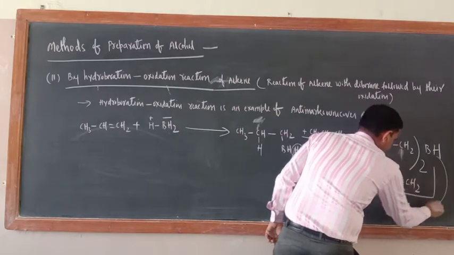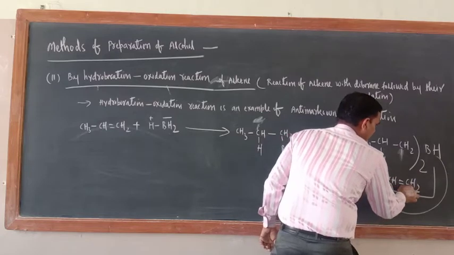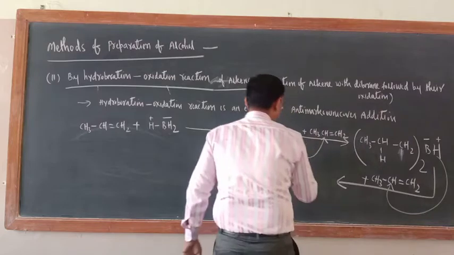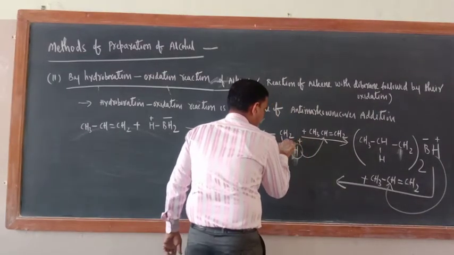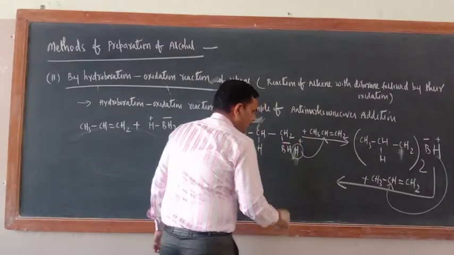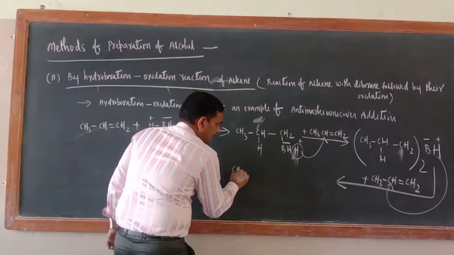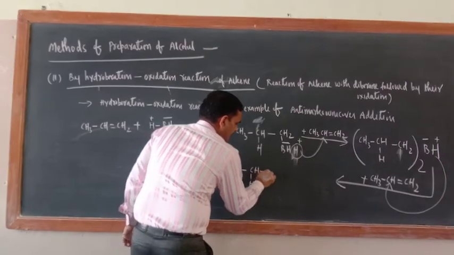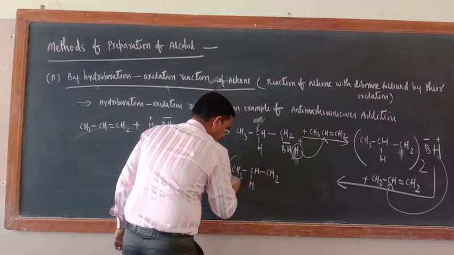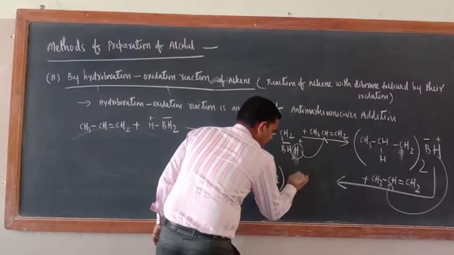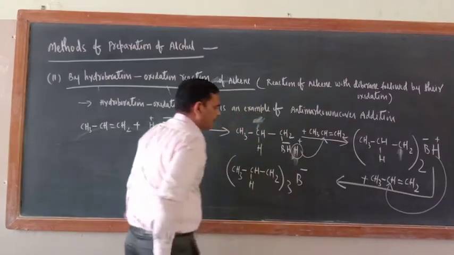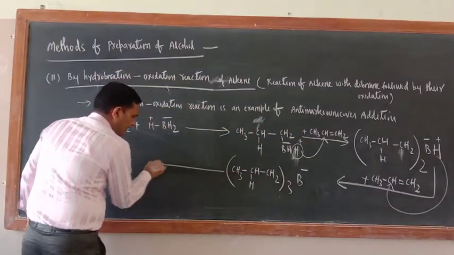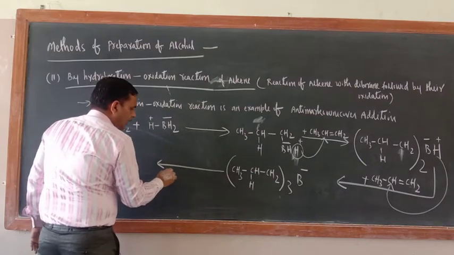Again this H will be added here, and this is the positive part, this is the negative part here. Earlier this was the positive part, this was the negative part. So now again what would be there? CH3, here CH, here H, here CH2. What is here? Whole thrice. Here B negative. Correct? Now that should be subjected to oxidation.